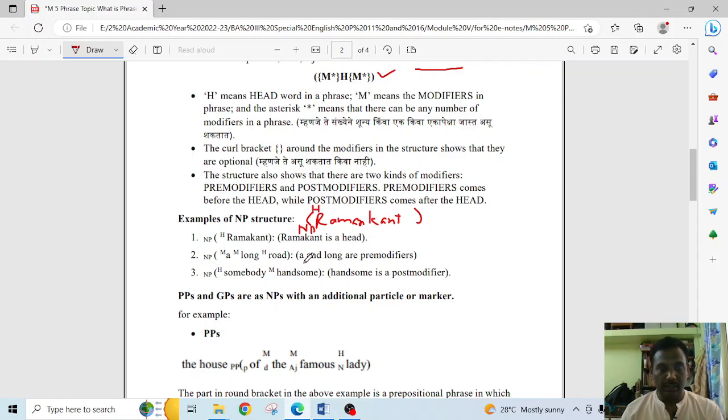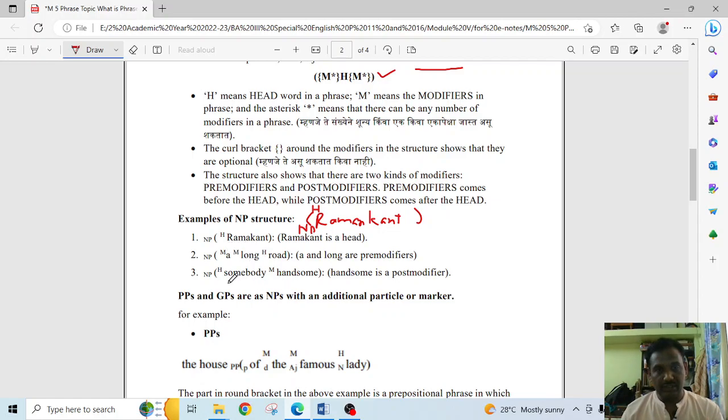noun phrase. Now see the second example, a long road, in which there are three words in this noun phrase. The first, road, is head word, then you have long, an adjective, as modifier, and a, an article, as modifier, that is determiner as a modifier.